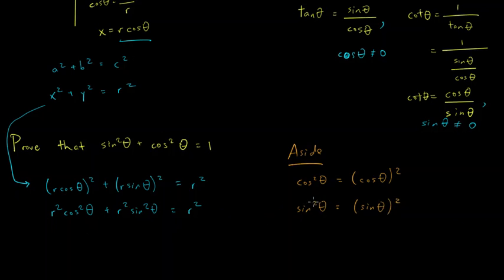So this kind of looks weird and less intuitive, but this is all it is. If we divide both sides by r squared, get rid of that, get rid of that, and what we're left with is our identity that we wanted to prove. Cos squared theta plus sine squared theta is equal to 1.